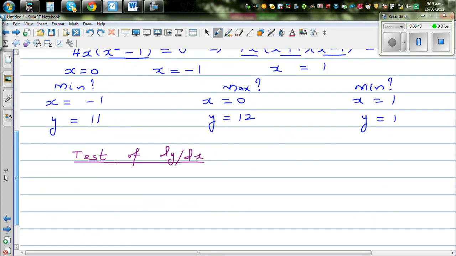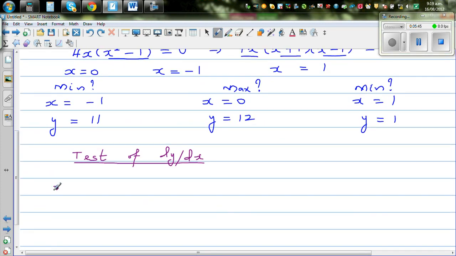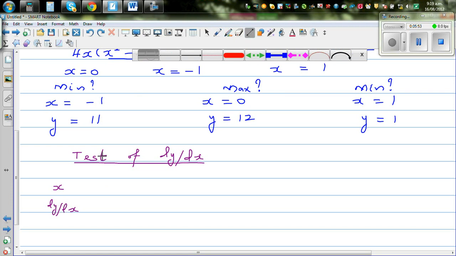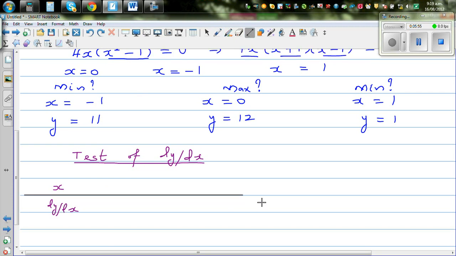Okay, so let's make a table. We are only taking x and dy by dx. So let us make up a neat table. We need 9 points.